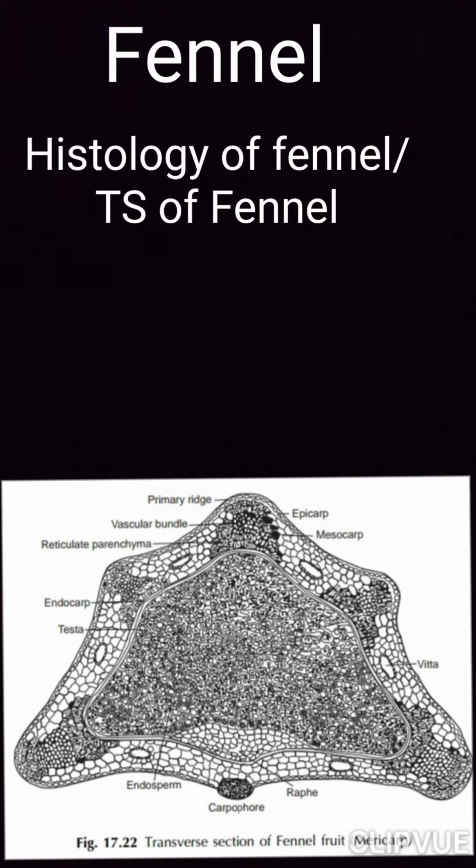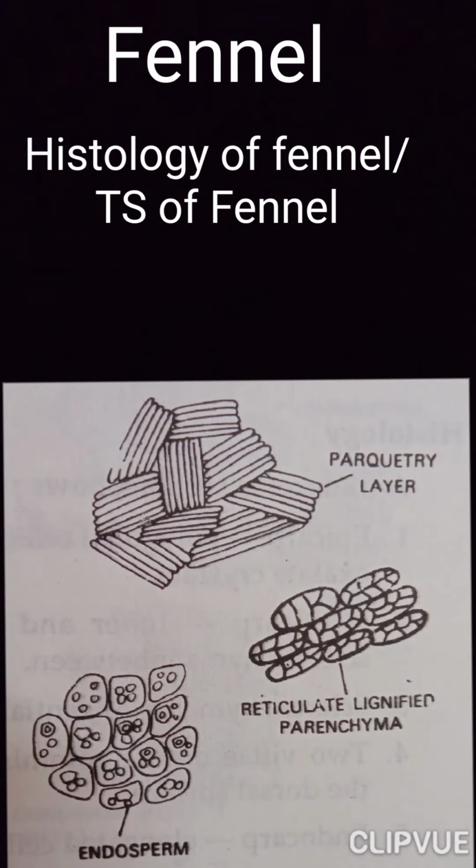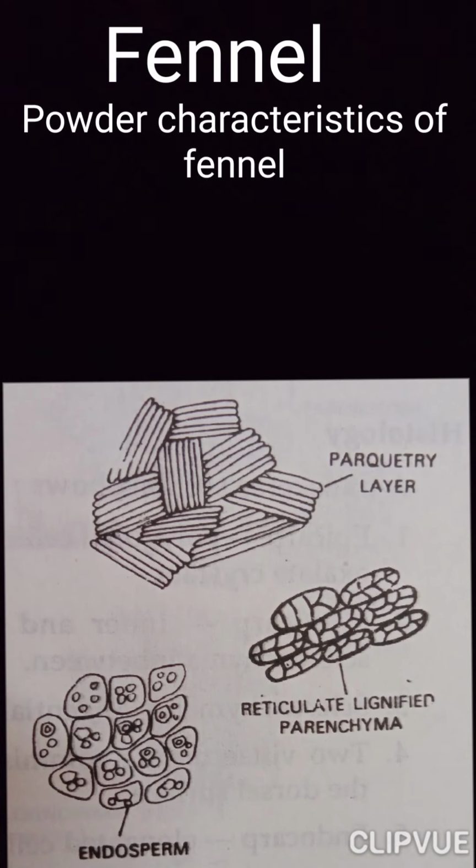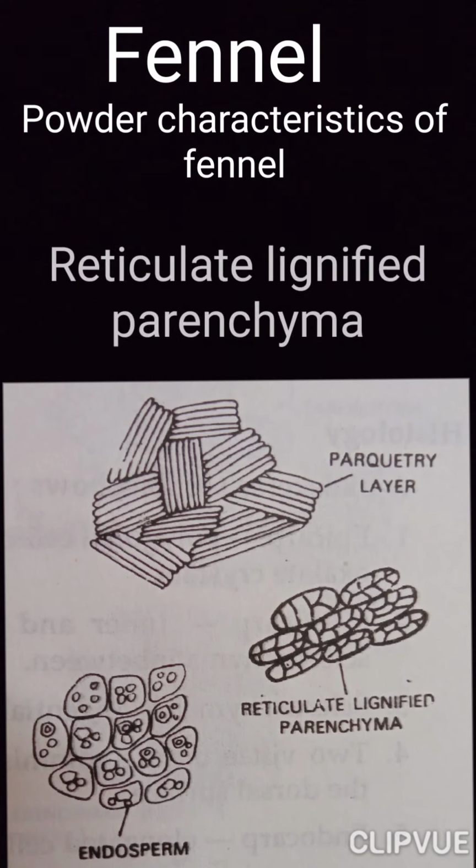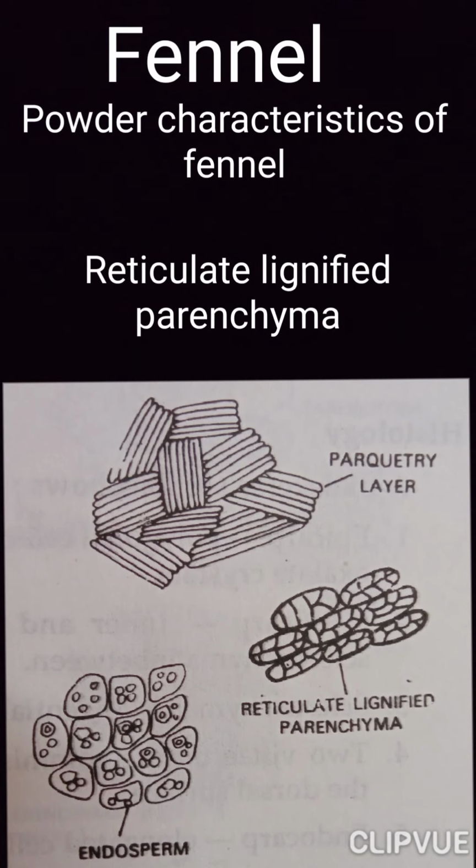Then coming to the powder microscopy or powder characteristics of fennel fruit. Again we crush the fennel fruit and make it into powder form with the help of a pestle and mortar, mixer or grinder, then spread it onto the slide and observe. The first thing to observe is reticulate lignified parenchyma, as it looks in your microscope.